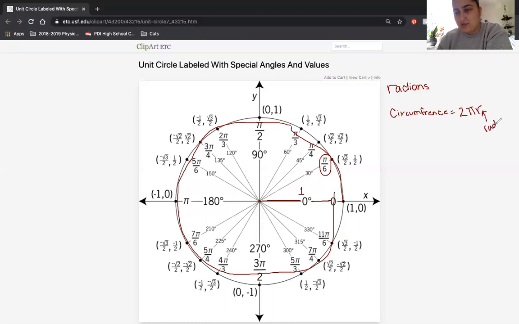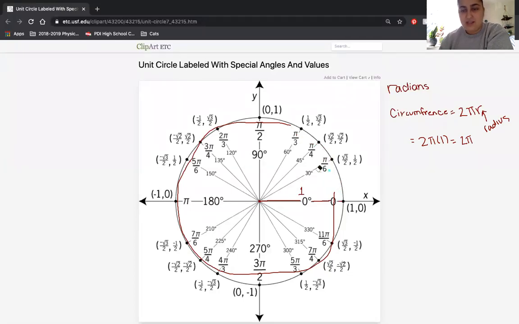So if this is the unit circle, and we've discovered that the radius is 1, then the circumference of this circle has to be 2 pi times 1, which is just 2 pi. So there are 2 pi radians around the circle.